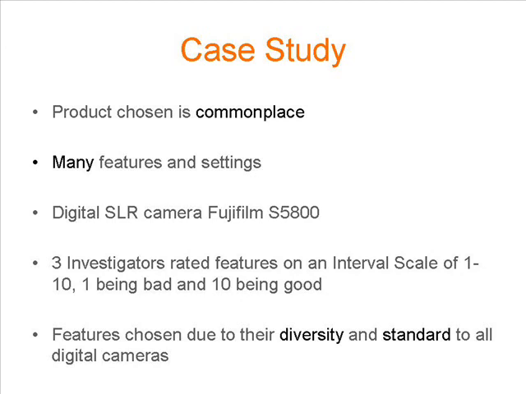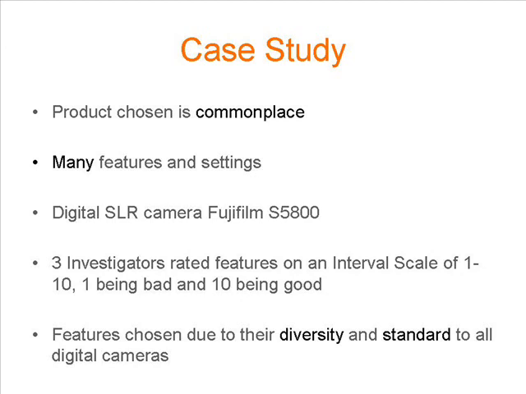A case study of feature checklists on a digital camera. The product was chosen because it is universally used, both personally and professionally. It can differ enormously aesthetically, but has many standard features and settings.